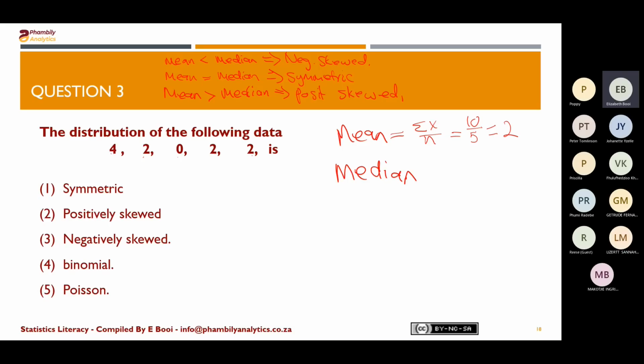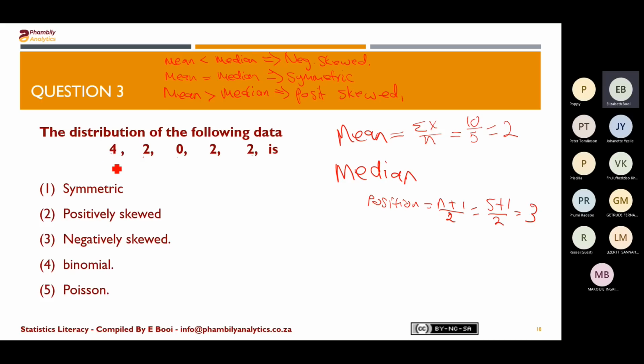The median, we're going to find the position first. N plus 1 divided by 2. There are 5, so it's 5 plus 1 divided by 2, which is 6 divided by 2, which is 3.